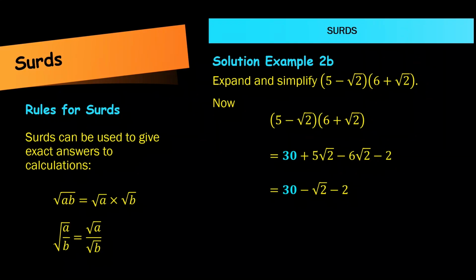Let's leave 30 as it is for the time being and deal with it later. Tidy up the root 2's: 5 root 2 minus 6 root 2 is minus root 2. And leave minus 2 as it is. Now let's tidy up. 30 minus 2 giving us 28. And of course minus root 2 can't be simplified further, giving us 28 minus root 2.